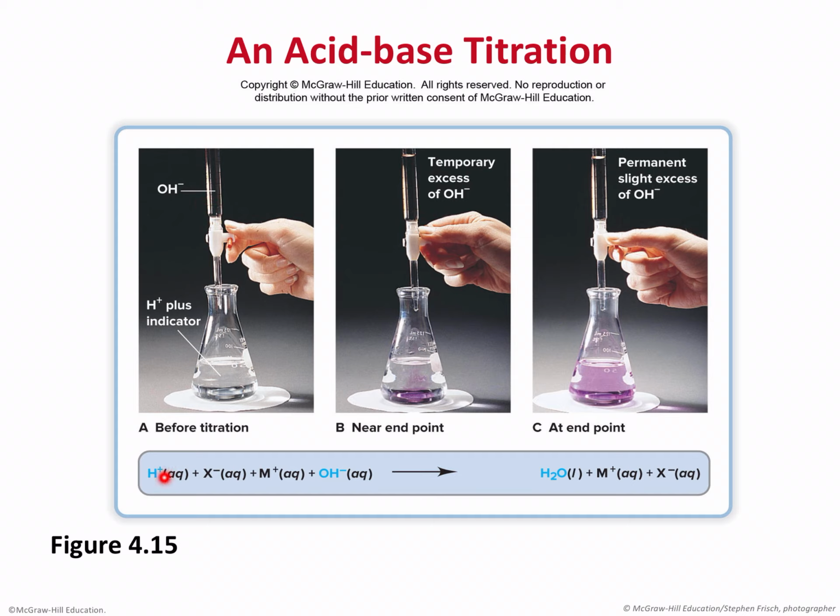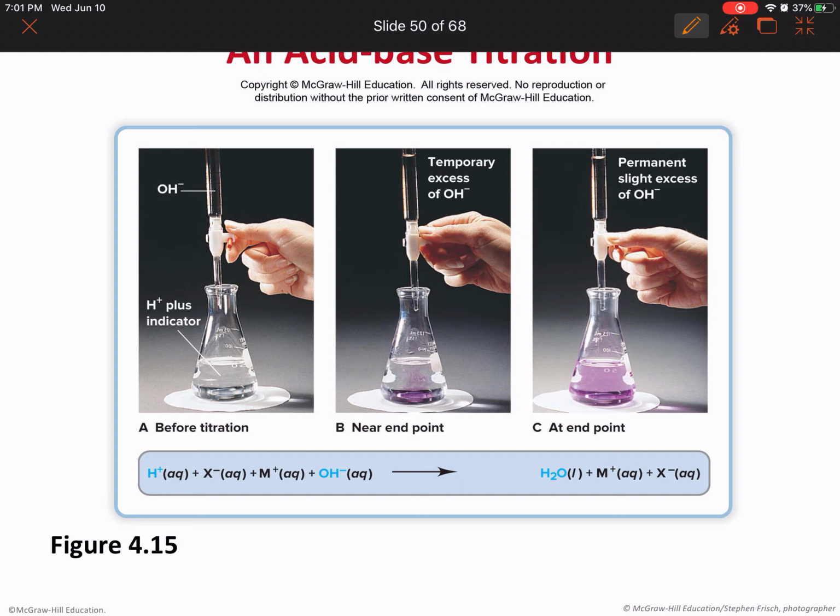So H+, X- is the counter ion. For example, let's say we are doing this experiment with HCl and sodium hydroxide. So we are going to form sodium chloride and water.